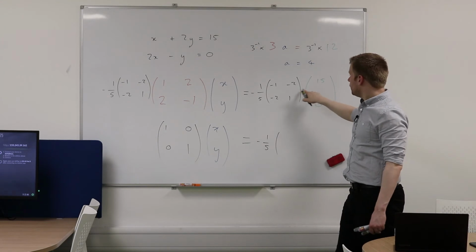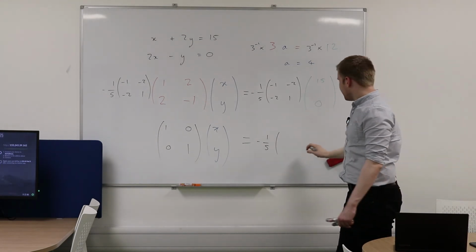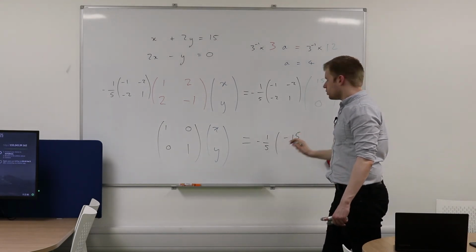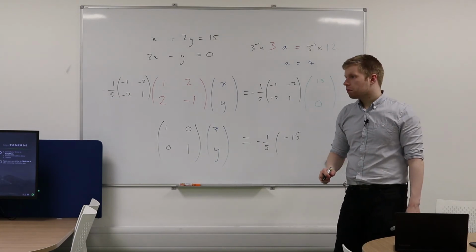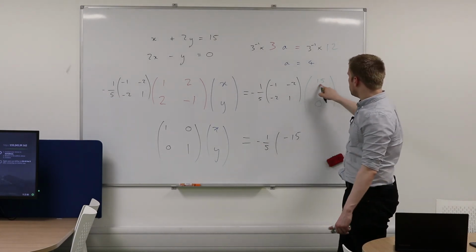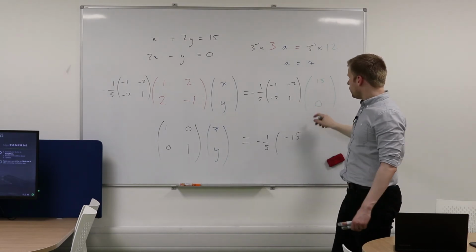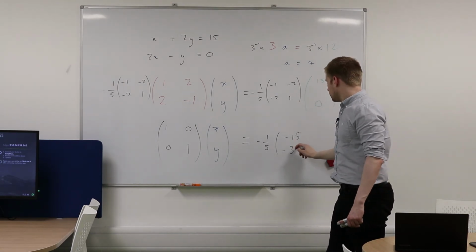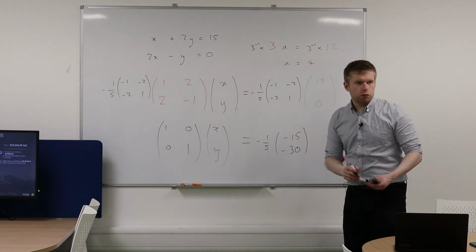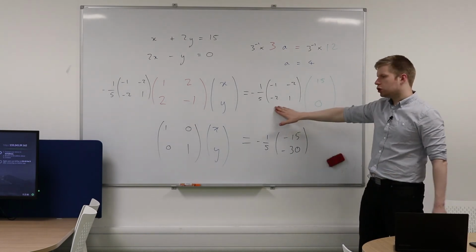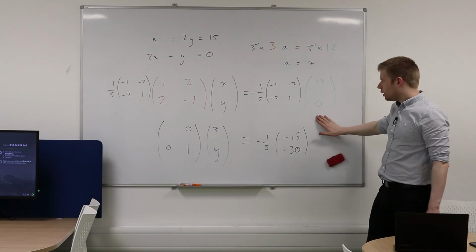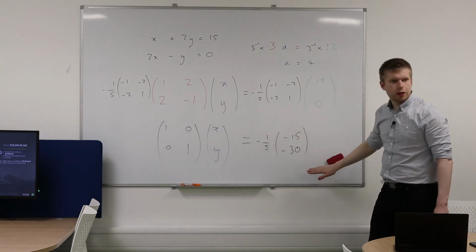Negative 15. Negative 2 times 0 is 0. So negative 15 just goes there. Then I'm going to have negative 2 times 15, which is negative 30, plus 1 times 0. So negative 30 goes there. You happy with that? I'm taking a 2 by 2 matrix, multiplying by 2 by 1, so I should end up with a 2 by 1 matrix there.